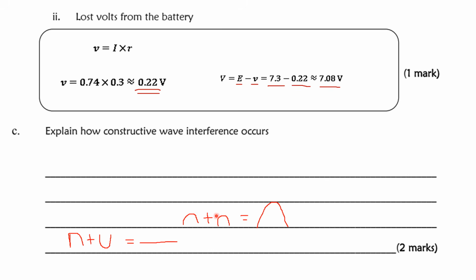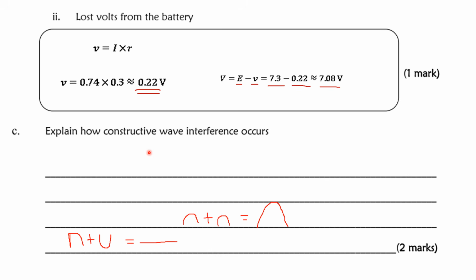This is called constructive interference. On the other hand, when two waves are not in phase, such that the crest of one wave meets the trough of the other wave, these two waves are going to cancel out to produce zero effect.